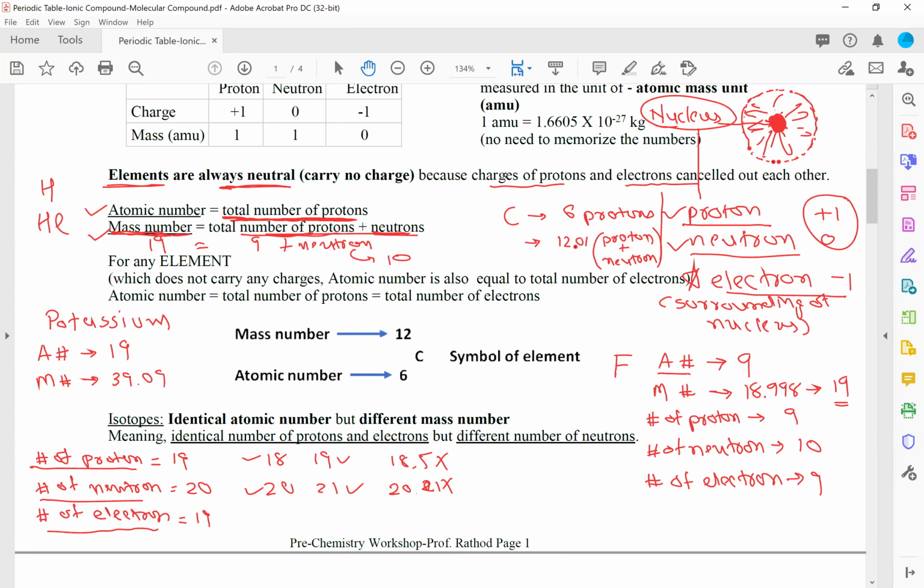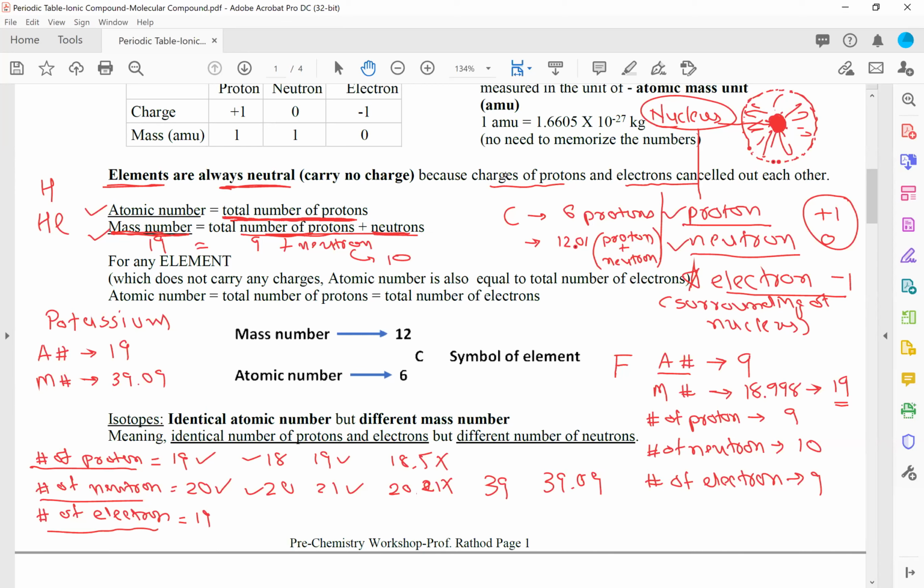Why do all those mass numbers have decimal places then? If the number of protons is a whole number and the number of neutrons is a whole number, the total should be just 39. Why do we have something like 39.09?